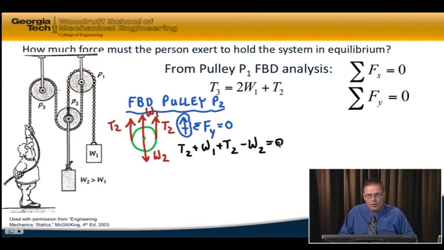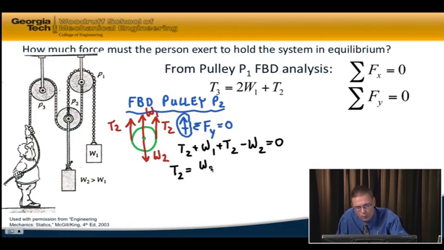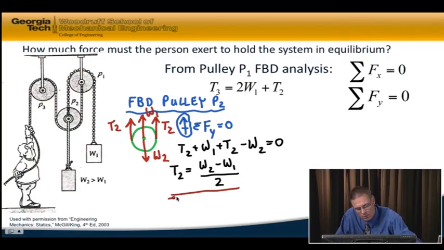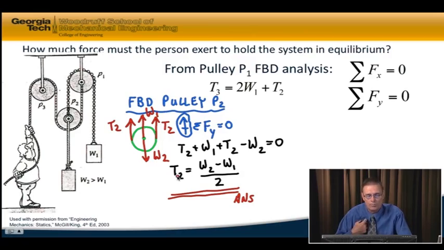If I solve for T2 now, I get T2 equals (W2 minus W1) over 2. And so that's my answer. If I'm given the values for weight 1 and weight 2, I subtract the two and divide by 2. That's going to give me the force that the person must exert.